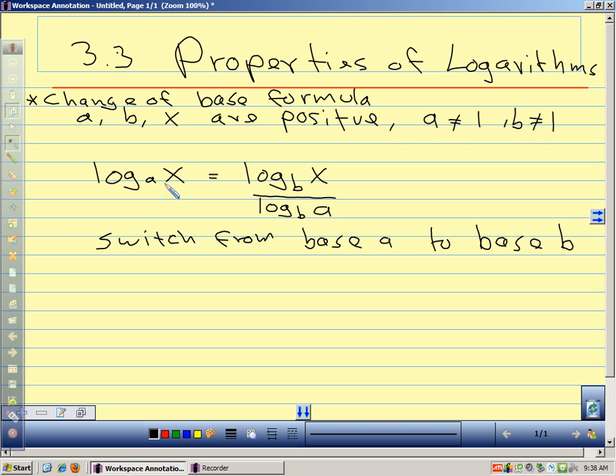The log base A of x is the log base B of x divided by the log base B of A.